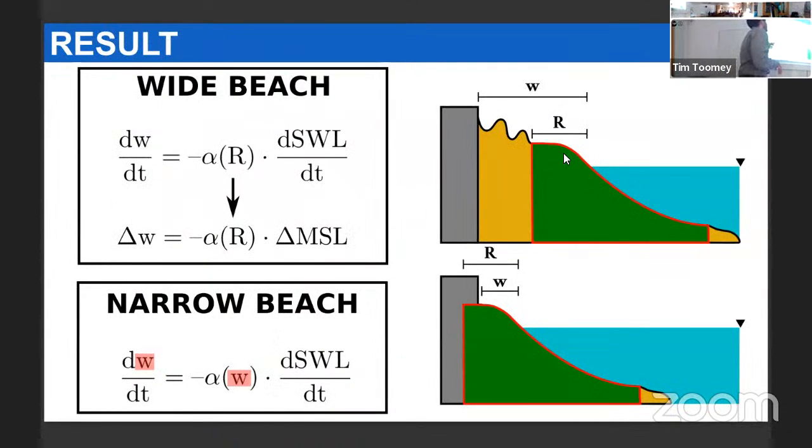But we need to be cautious because we can have 2 different cases. So if the beach is wide enough, so this range of marine forcing in the emergent part of the beach is smaller than the actual width of the beach, then we recover the same expression down below. So this is that the changes in beach width, shoreline, are proportional to changes in mean sea level.